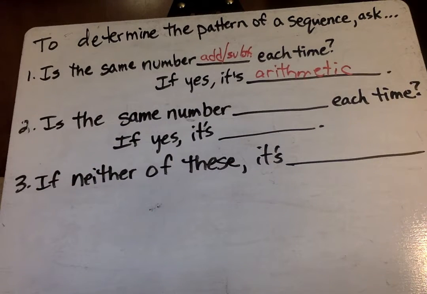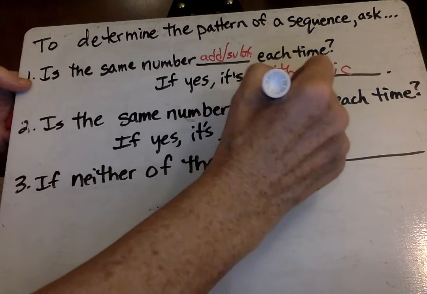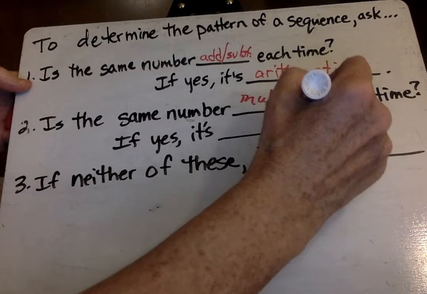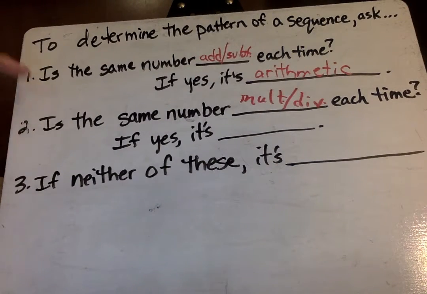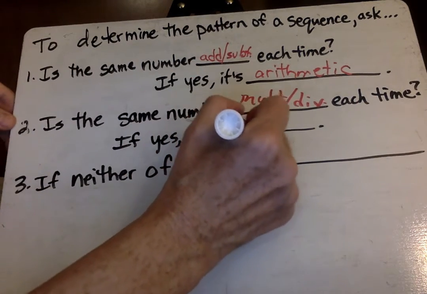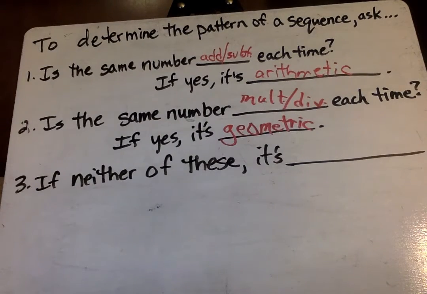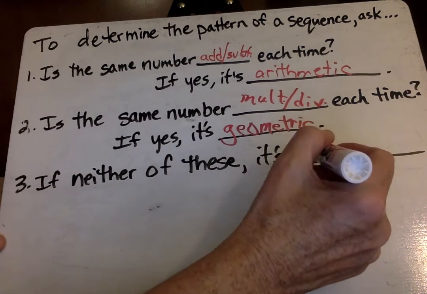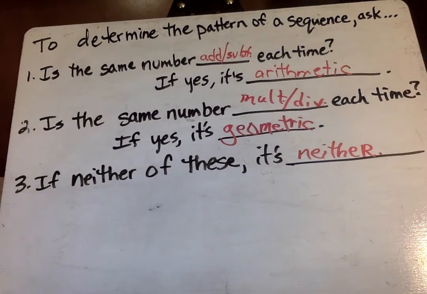Then you ask yourself, is the same number multiplied or divided each time? Again, if it's divided, you've got to convert that to multiplication. If yes, it's geometric. If neither one of these, it's neither.